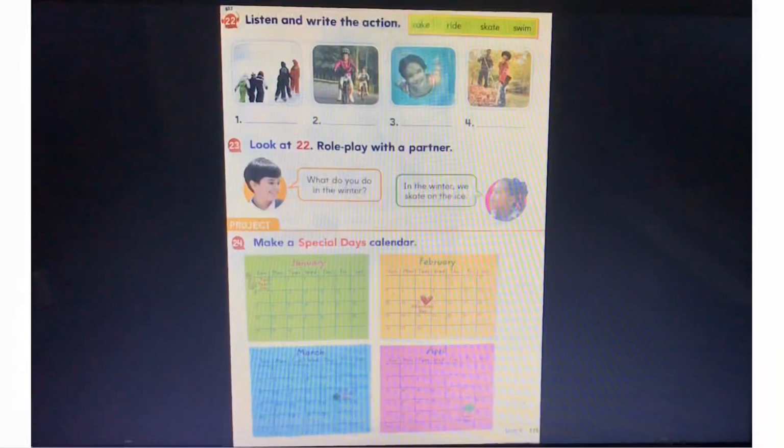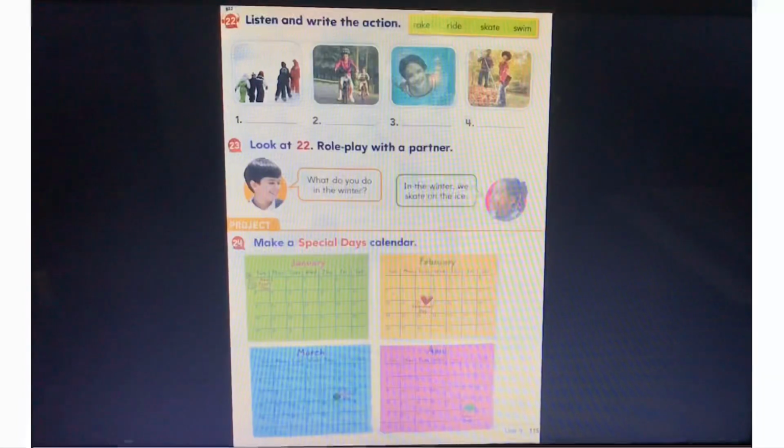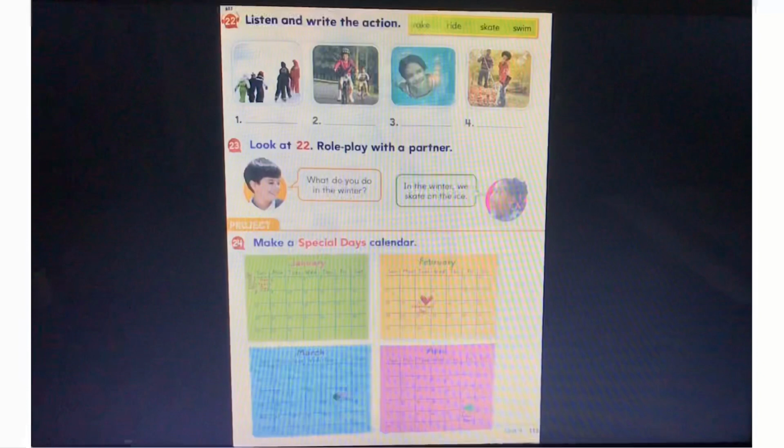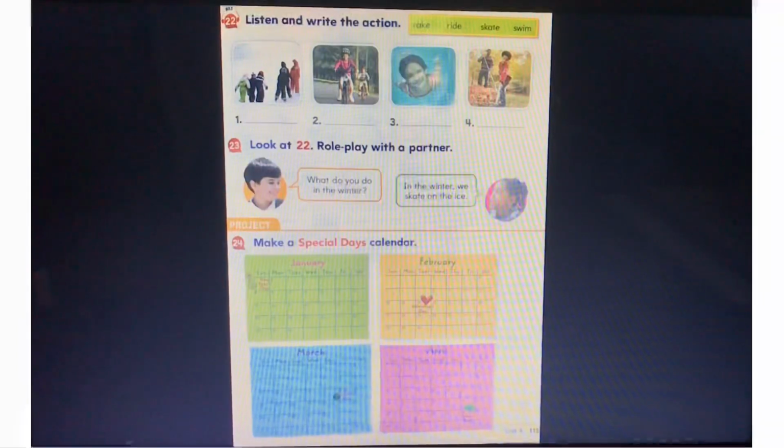And if you remember, I used September as mine because it's the month of my birthday. So, what we will do next is work on our special calendar, but we will be focusing on the seasons.